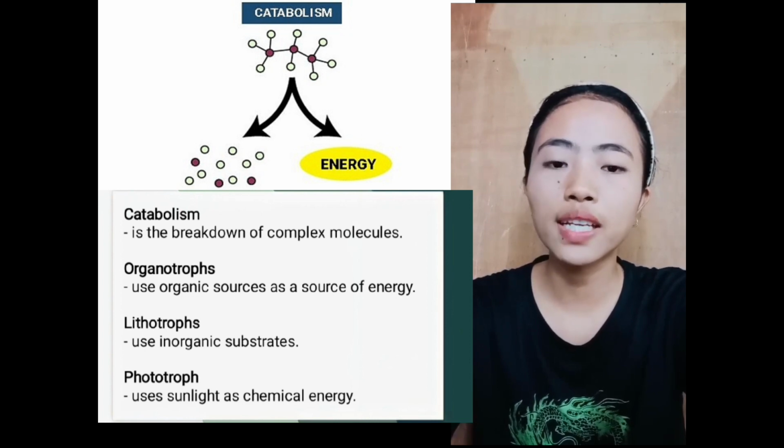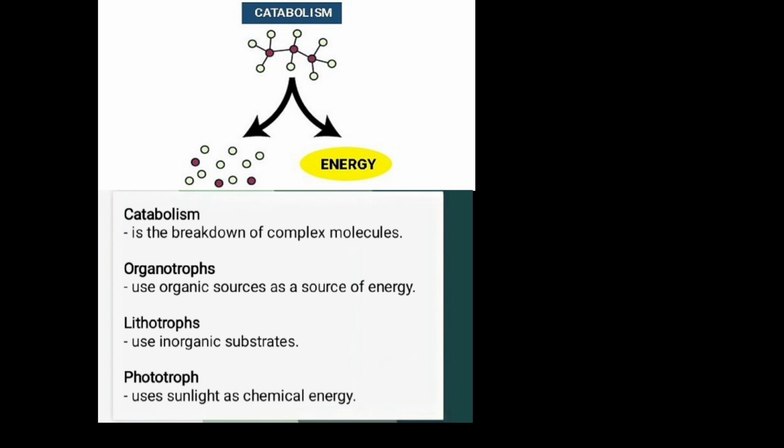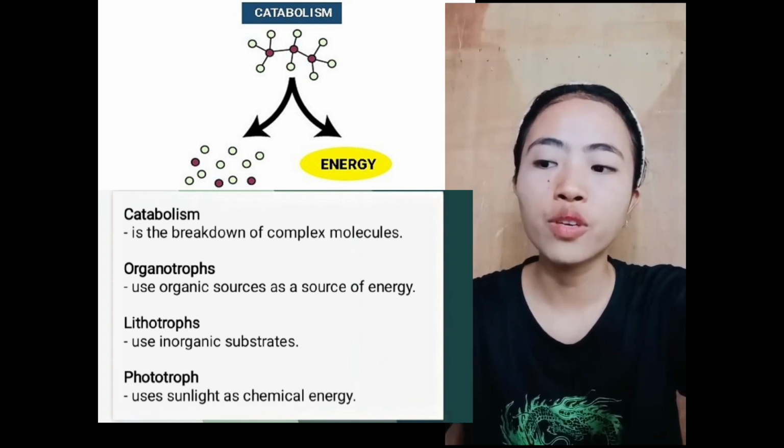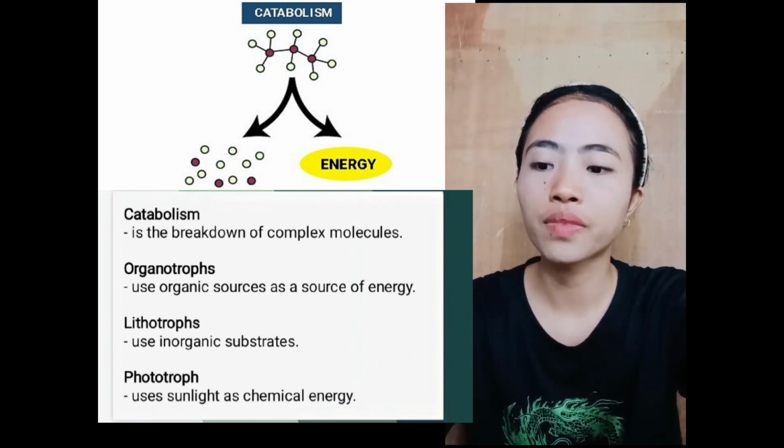This breakdown releases energy that is then harnessed to produce ATP, the primary energy currency in cells. The ATP generated is utilized in various anabolic processes for the synthesis of essential cellular components, supporting growth, maintenance, and overall cellular functions.